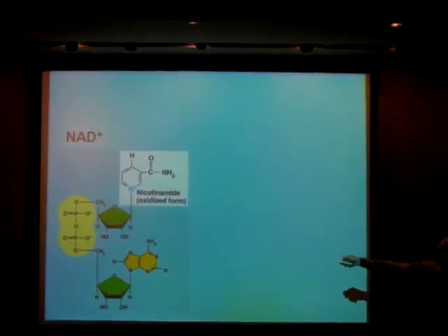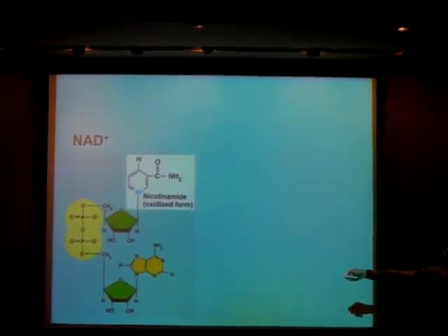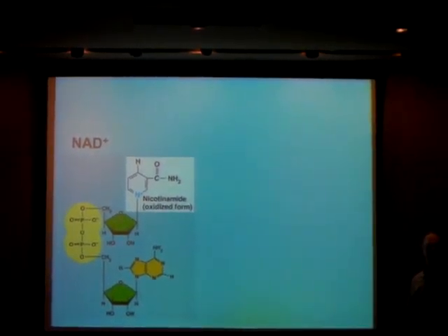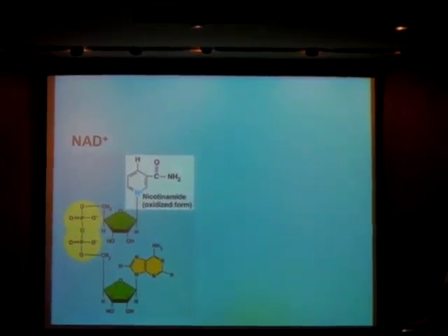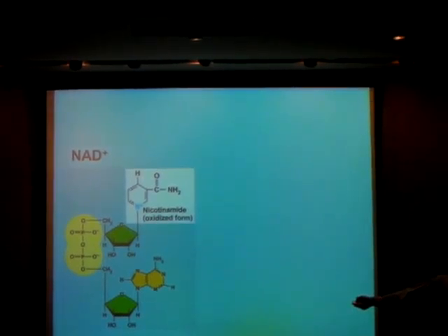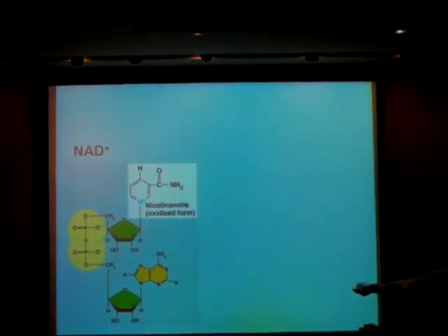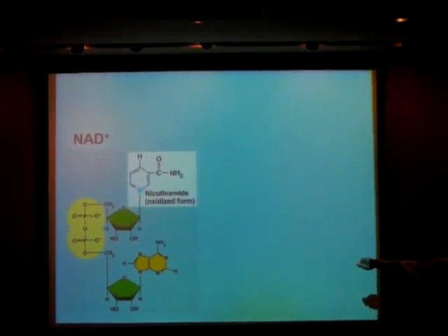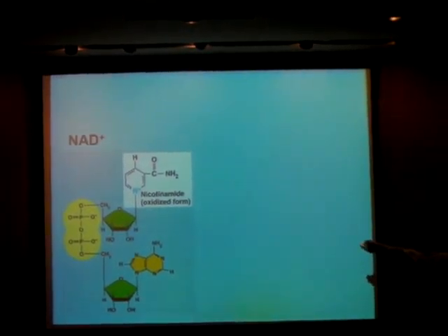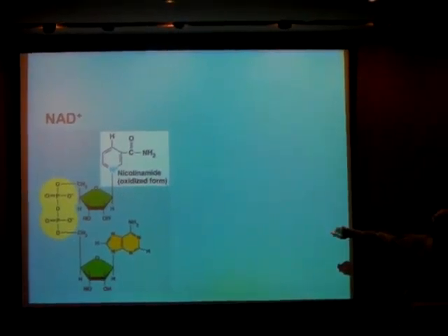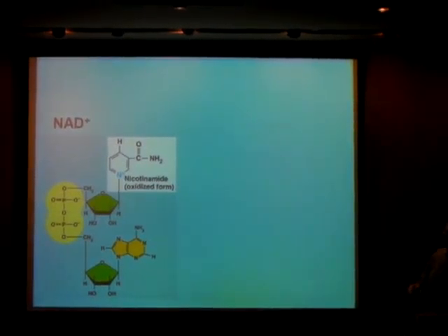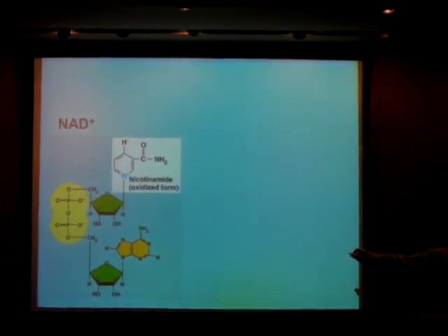But this phosphate is attached to this 5' carbon. So this is like a 5' to 5' linkage. This is not what you will find in RNA, right? In RNA, it's usually 5' phosphate to 3' OH of the next one. And then over here, this is attached to another weird base called nicotinamide. This is actually derived from the vitamin B complex.